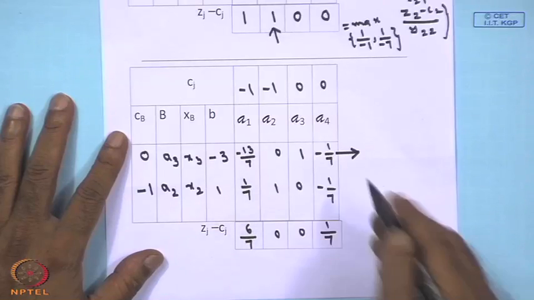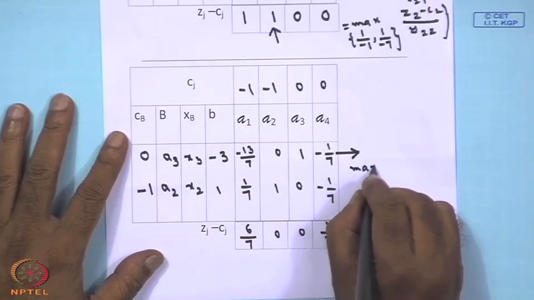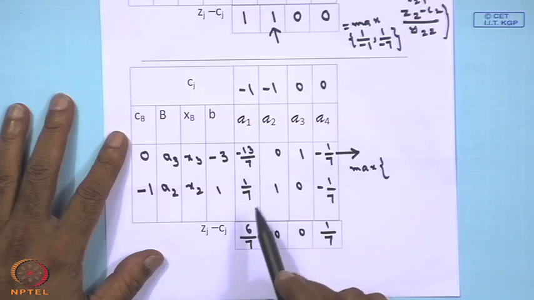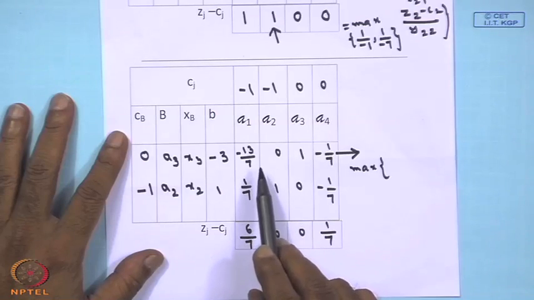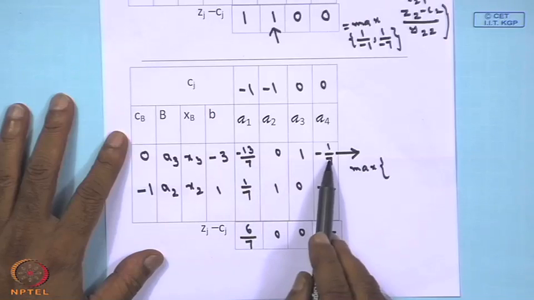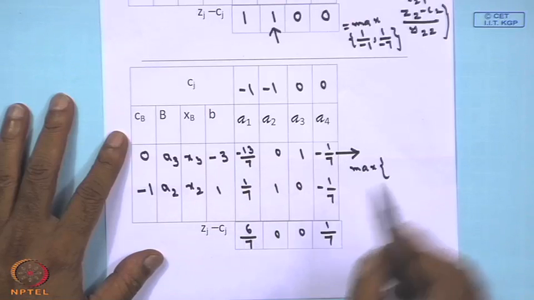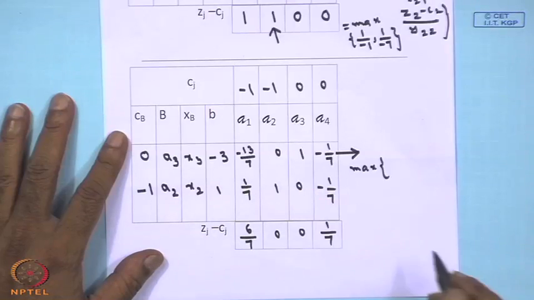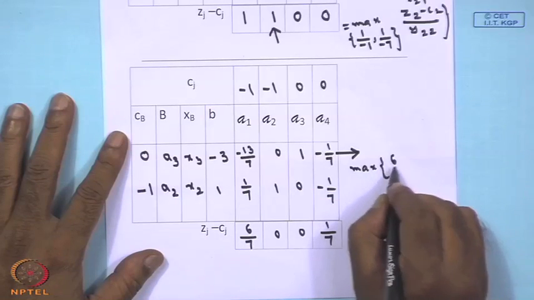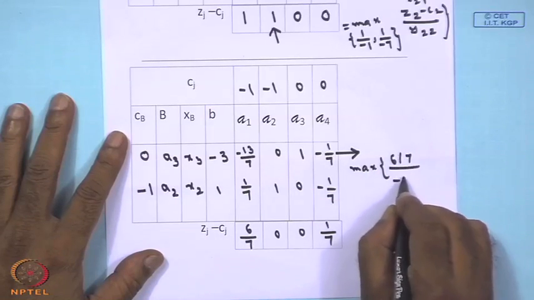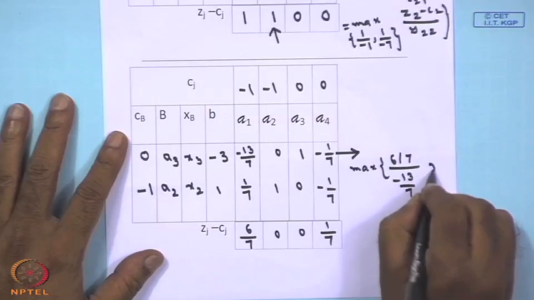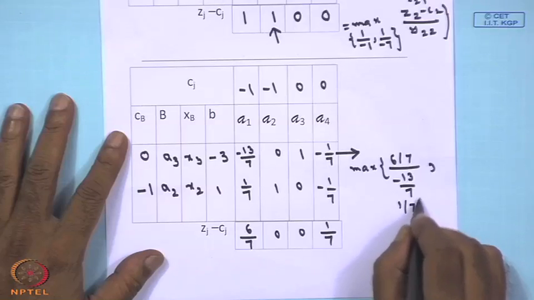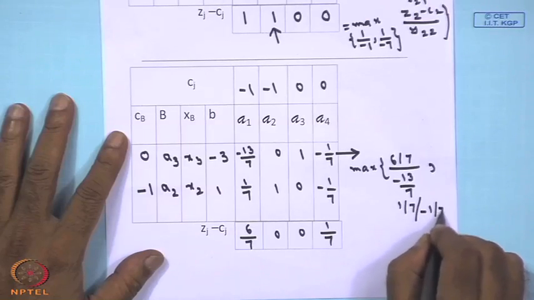a maximum of zj minus cj by yrj, where yrj is less than 0. yrj is less than 0 for a1 and a4 in the first row. So it will be 6 by 7 by minus 13 by 7, and the next one will be 1 by 7 by minus 1 by 7.